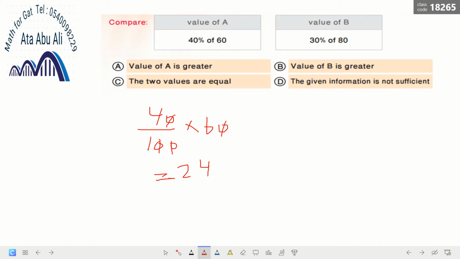If I go to B and do the same, it's 30 over 100, because it's 30%, times 80. The same thing, I can simplify 2 zeros up with 2 zeros down. So 3 times 8 is equal to 24 also. So both sides are the same, so the two values are equal.